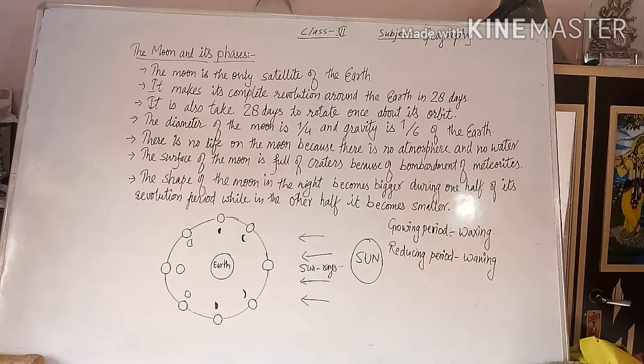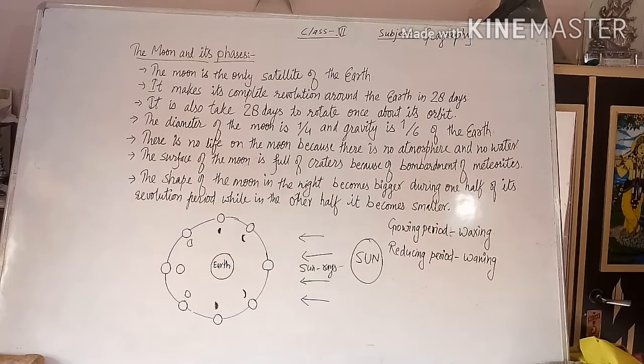Now, for example, if one person is 60 kg on the earth, then what will be the weight of that person on the moon? Divide by 6, 60 divided by 6, you will get your answer. So that is the gravity force.